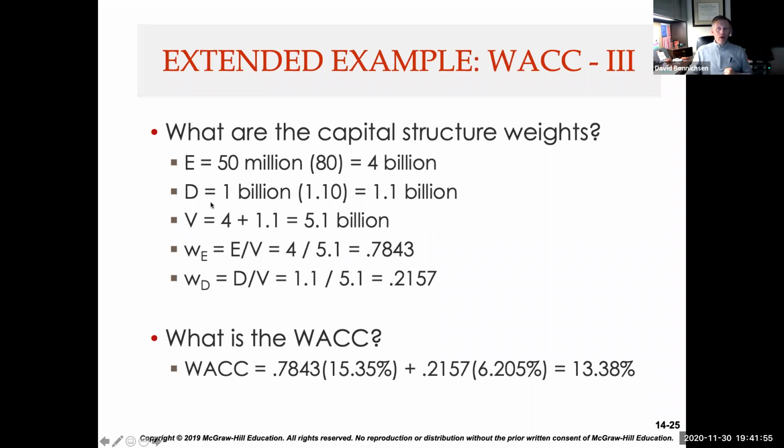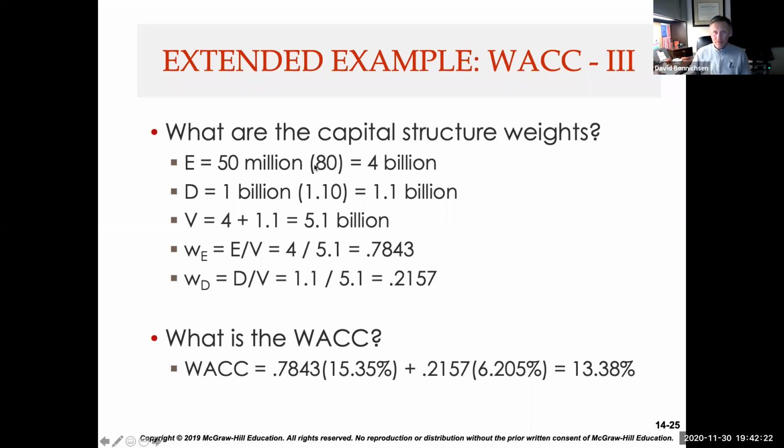Our debt was the number of outstanding bonds based upon the market price of those bonds. The market price of those bonds was being quoted at 110. If you remember from the pricing, the quote tables for bonds, all we have to do is take the 110, and it's 10% more than par value.